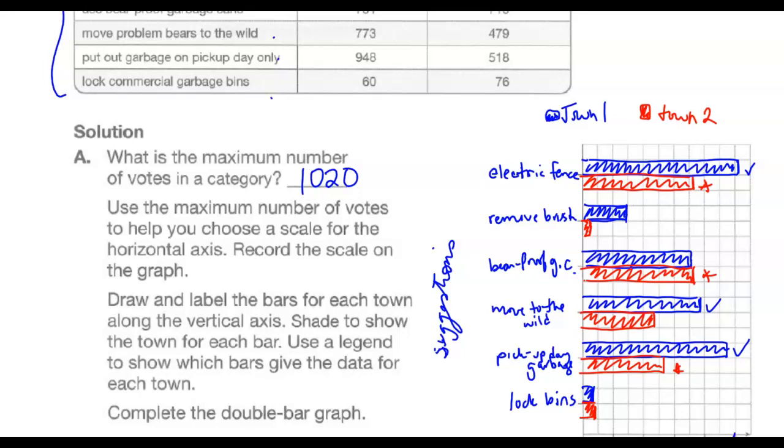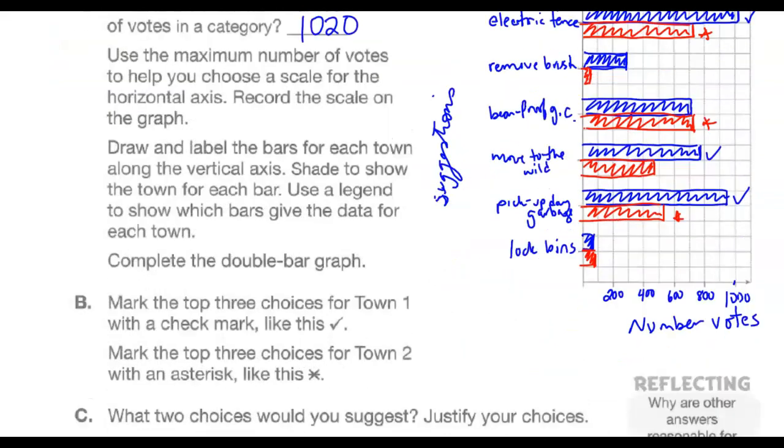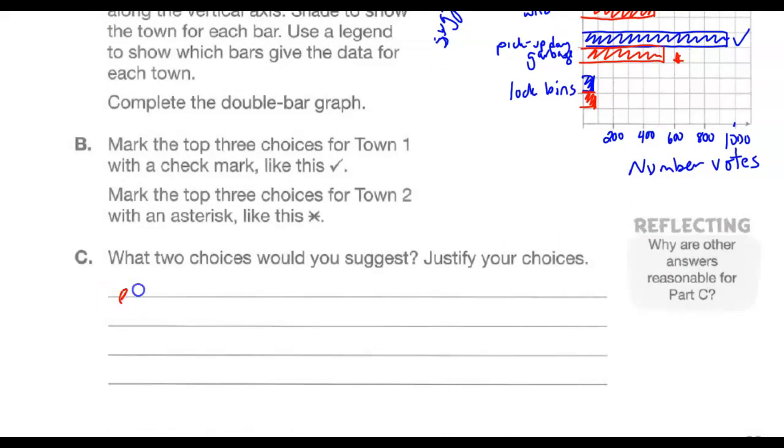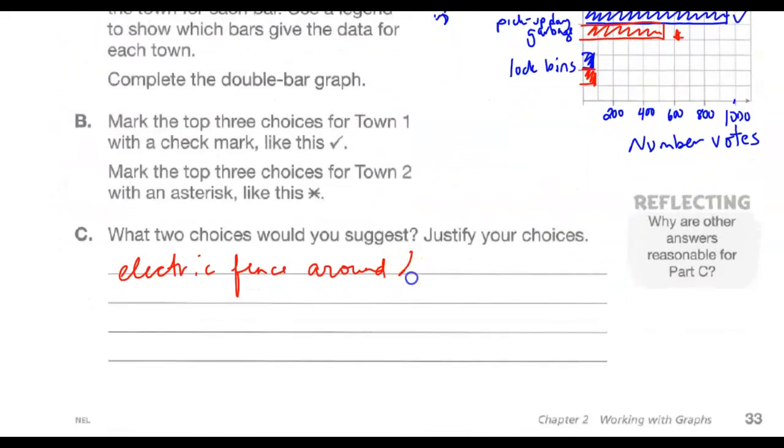So probably I'd say electric fence around the landfill to keep them out of there. Most popular, basically.